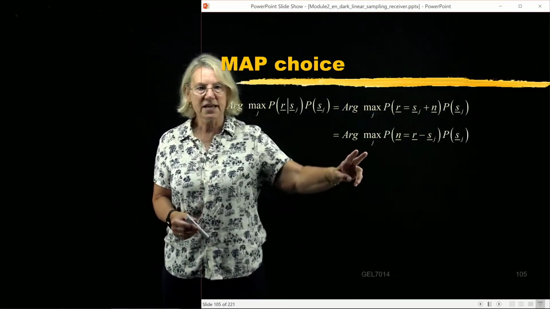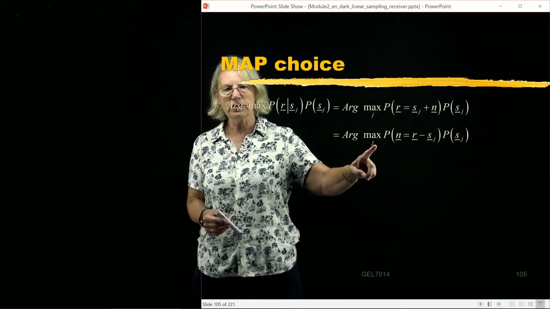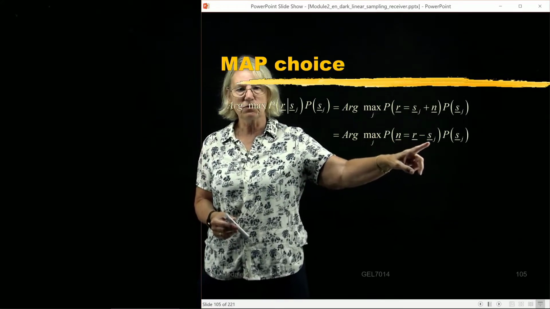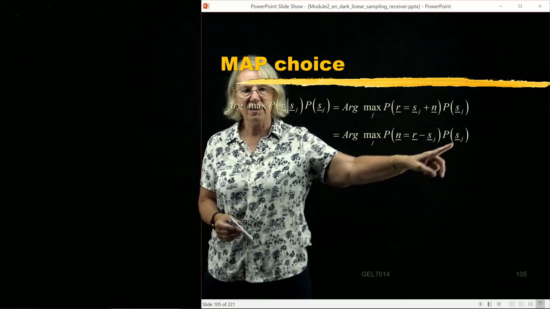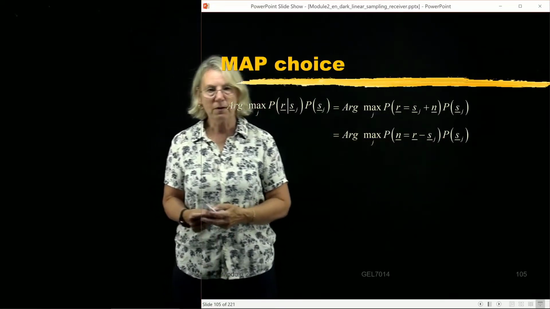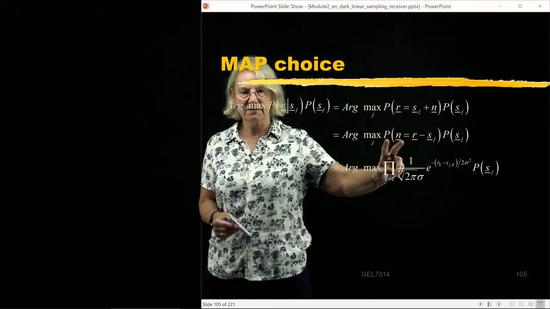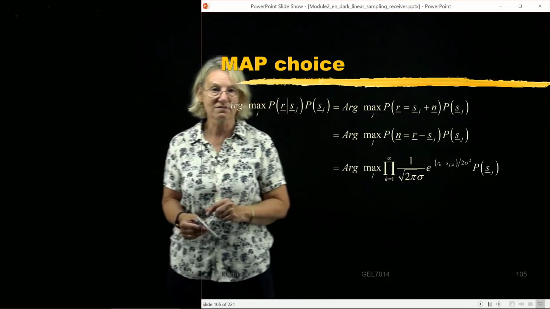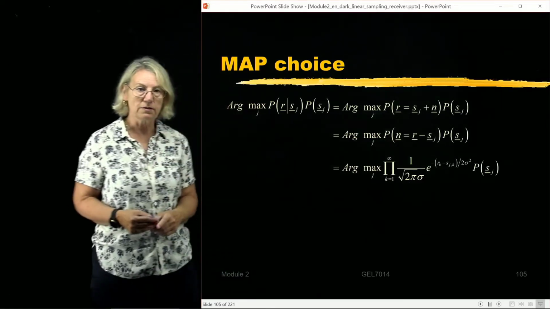Therefore, it's the same as saying we want to find which j maximizes the probability that n is equal to r minus s_j, again weighted by the a priori probability. And this probability we can find with this expression, which we developed previously.